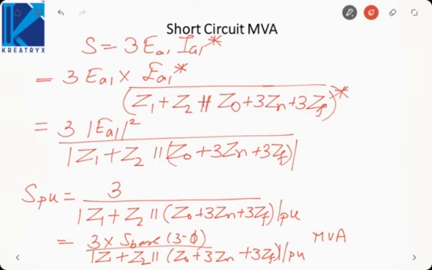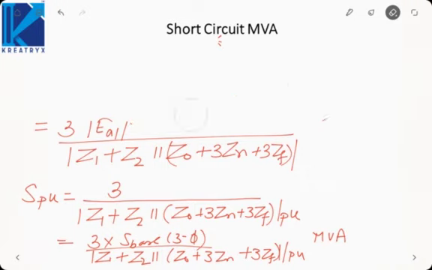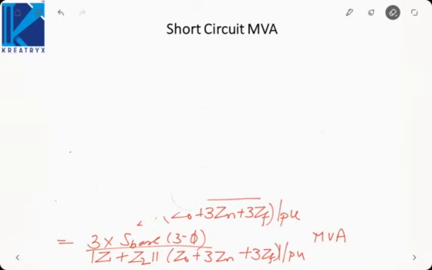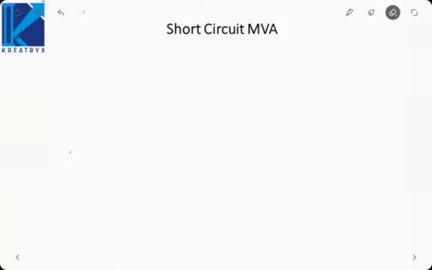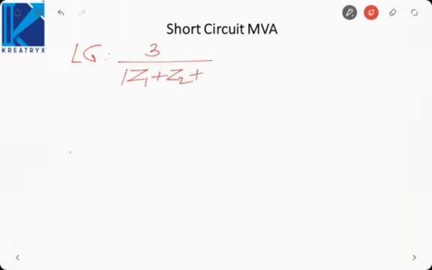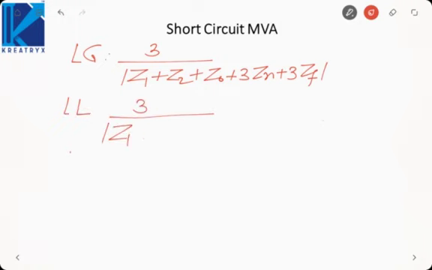Now if we compare the fault or the short circuit MVA, in case of LG fault it was 3 by Z1 plus Z2 plus Z0 plus 3Zn plus 3ZF. In case of LL, it was 3 by mod Z1 plus Z2 plus ZF. So there was no trace of Z0.